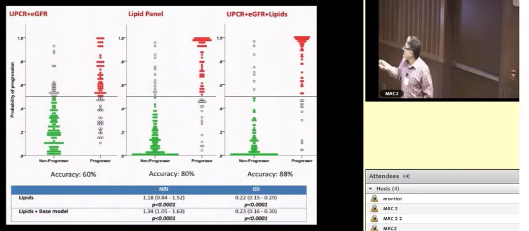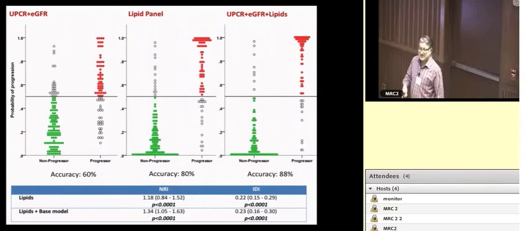So basically, the idea is that when you're using your base model, in this case, I defined it as UPCR plus eGFR. That model alone identifies a number of progressors correctly and a number of non-progressors correctly as well. And it has some errors here and here.